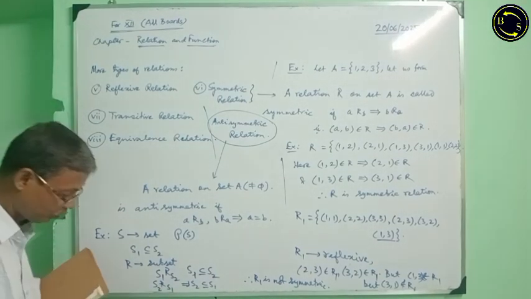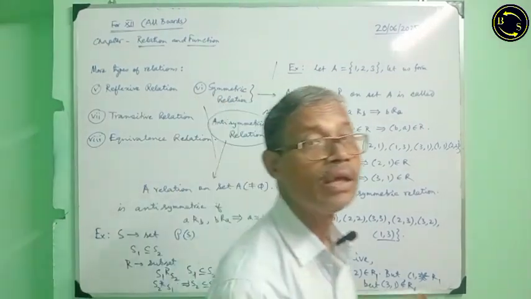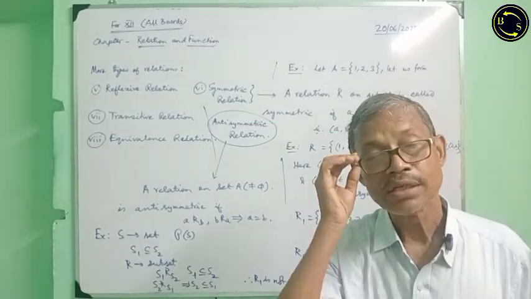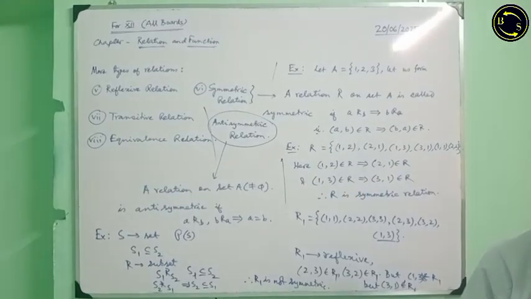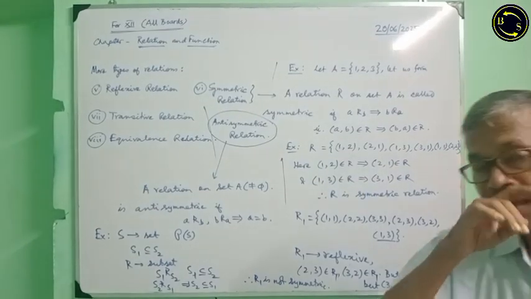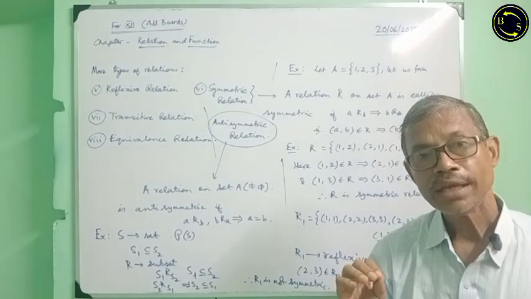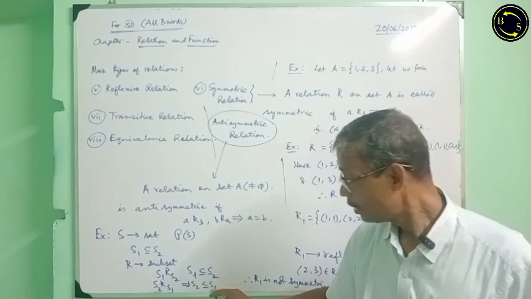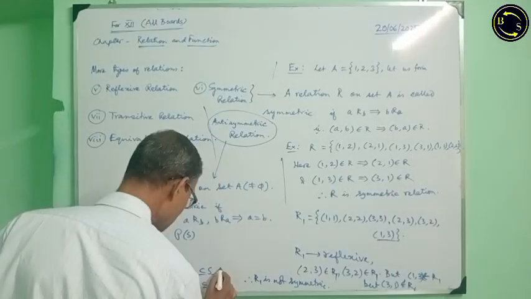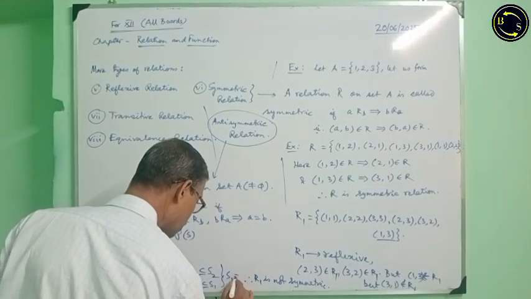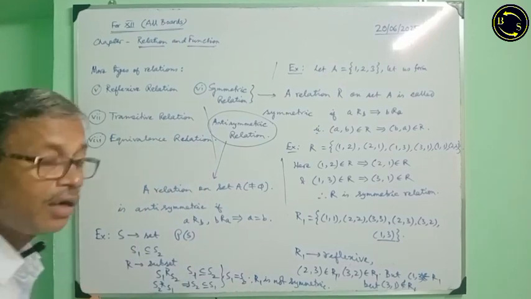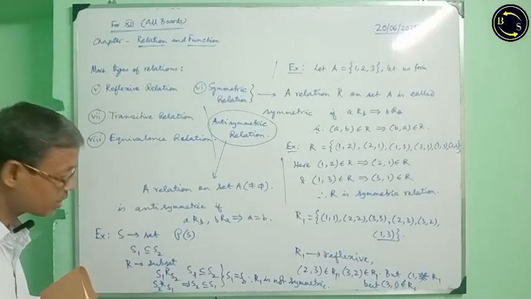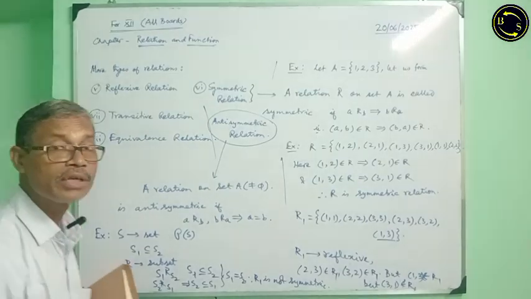Now we already know if A and B are two sets such that A is a subset of B and B is a subset of A, then A and B are equal. Therefore, this implies S1 equal to S2. So this subset relation is an antisymmetric relation.